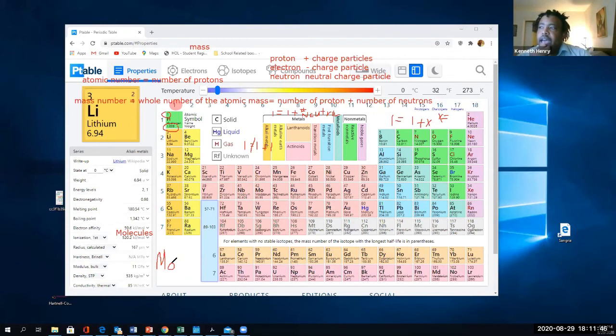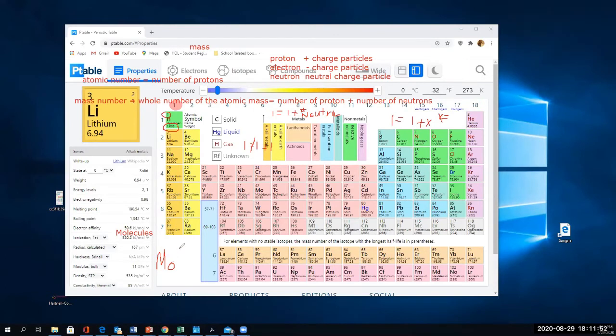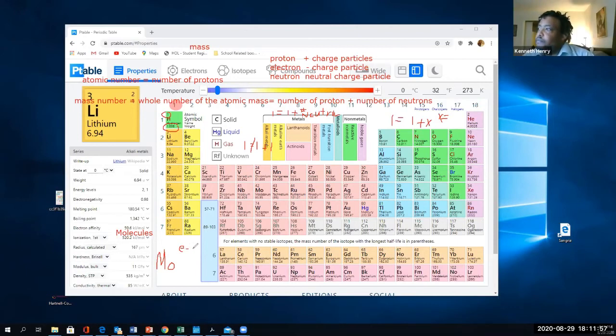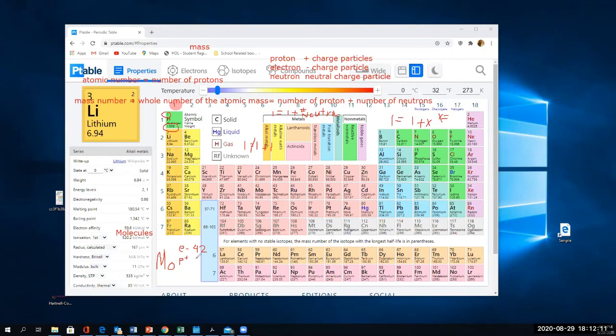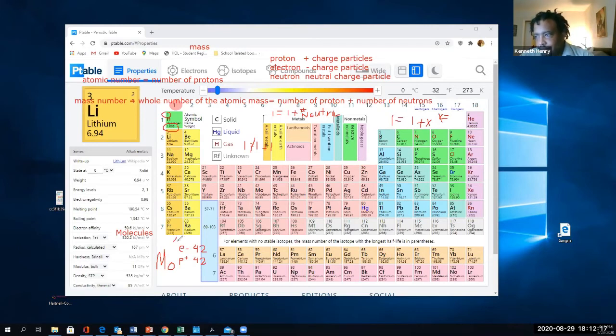Okay. So how many electrons does Mo have? 42. The e minus represents electrons. Okay, how many protons? The p plus means protons. 42. What is its atomic number? 42. That is correct.